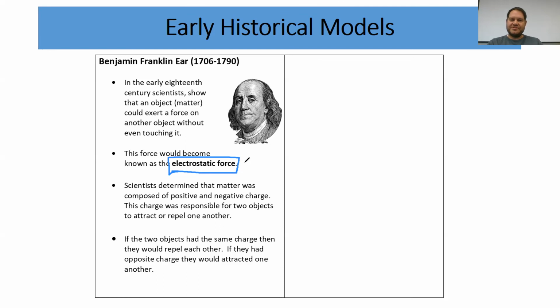What's really important to walk away with around the time of Benjamin Franklin is that the electrostatic force is going to come to the forefront. And it's going to have a big impact on our understanding of the structure of the atom and essentially the workings of matter and materials around us, okay? So keep those ideas in mind.